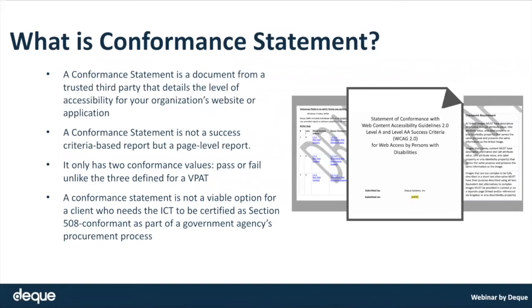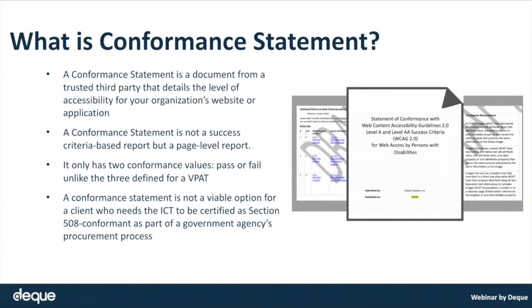Say you have a scope of 10 pages, and out of that, 9 pages pass and 1 page fails. That will be recorded in the conformance statement. So all the pages have passed, but in this one page we do have some issues, but we are not going to tell them what issues we have. It is also a kind of giving an outlook of where we are standing.